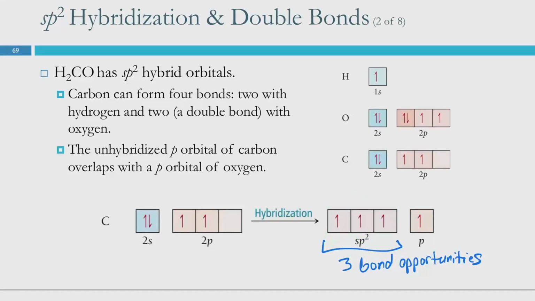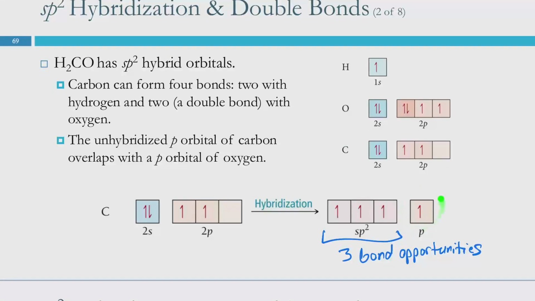So each of those can go on to bond. Some of them will bond with the hydrogens, and then that third one can go on and bond with the oxygen. And this p orbital can also bond with oxygen.